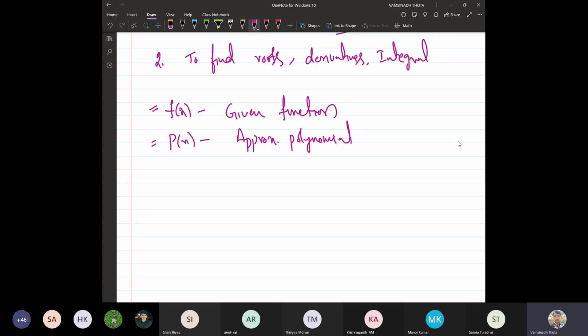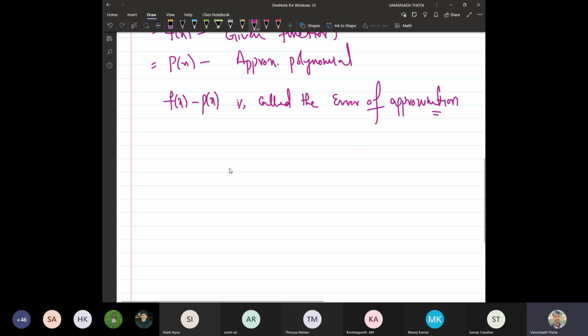So the deviation is given by f of x minus p of x for all the points of the domain. This is called the error of approximation.